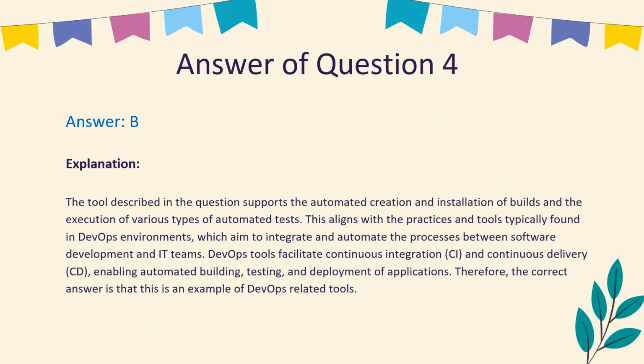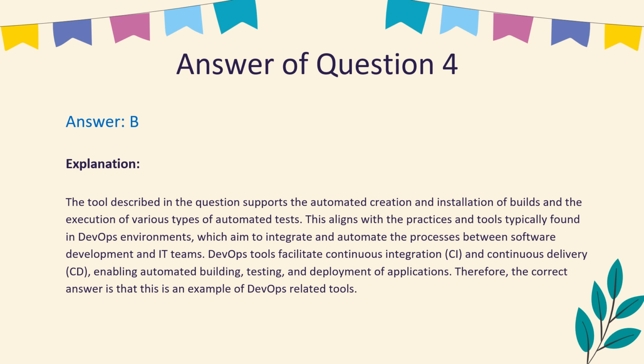The correct answer is B. The tool described in the question supports the automated creation and installation of builds and the execution of various types of automated tests. This aligns with the practices and tools typically found in DevOps environments, which aim to integrate and automate the processes between software development and IT teams.